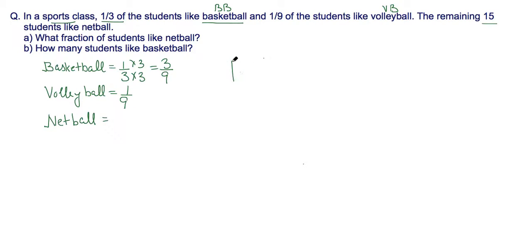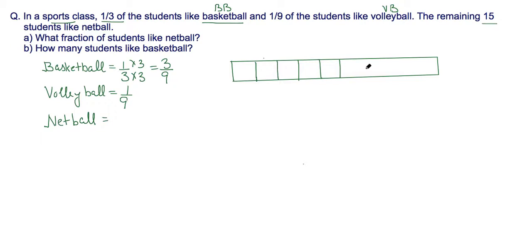Let's quickly draw our model here. I'm going to divide it into 9 parts: 1, 2, 3, 4, 5, 6, 7, 8, 9. It doesn't look equal, but let's assume that they are all equal.